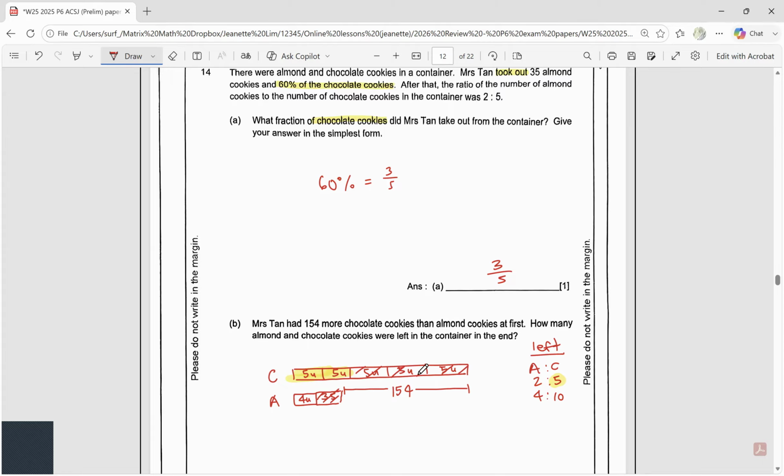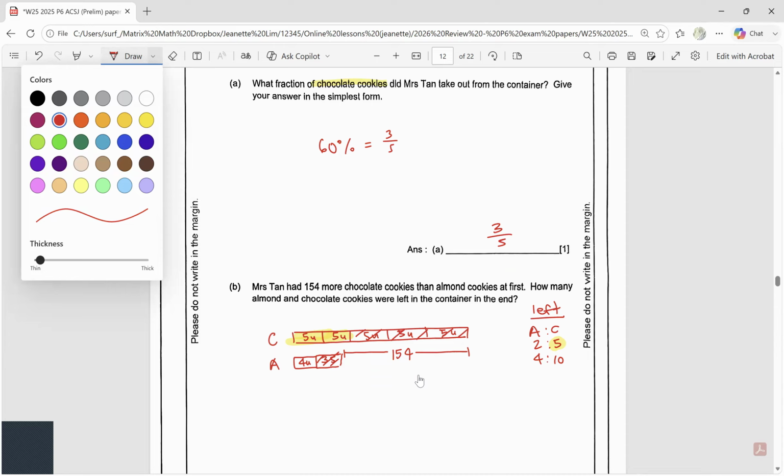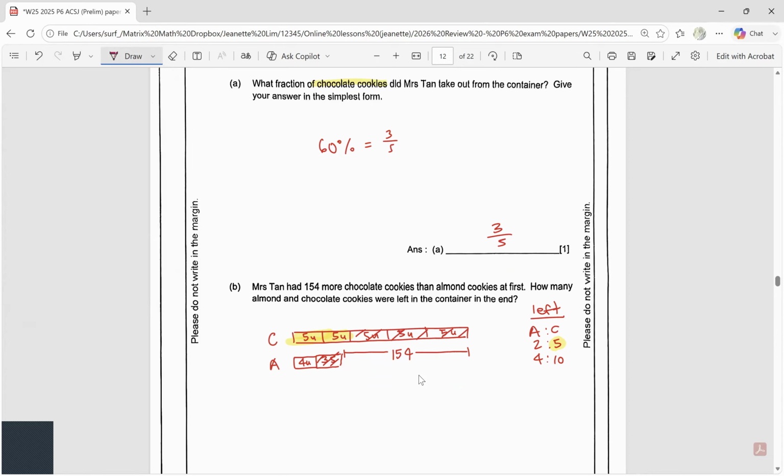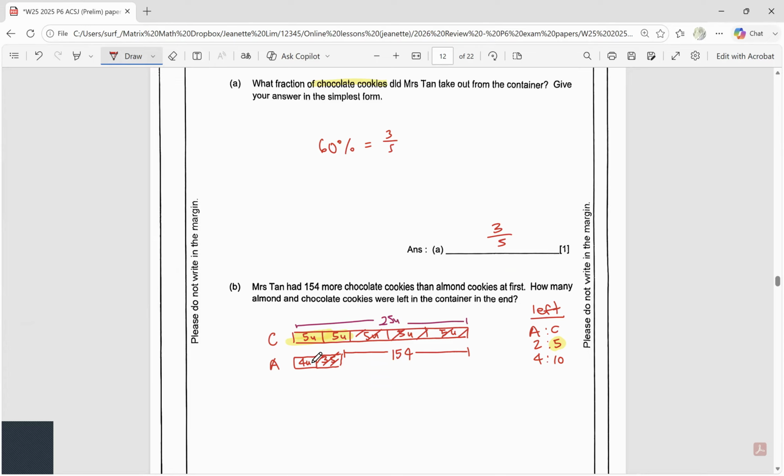So how many units can we find? The top part you have 25 units, right? This is 25 units. So 25 units versus 4 units is the difference, which is 35 plus 154.